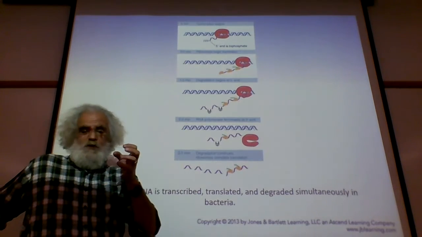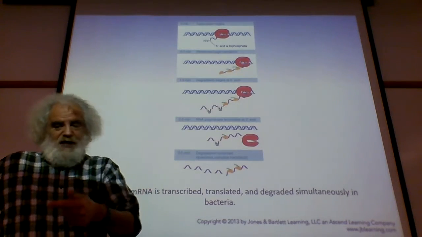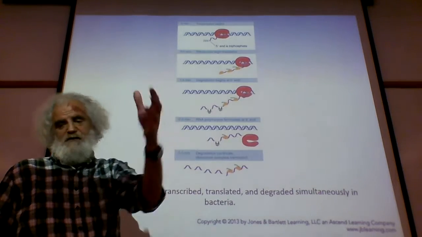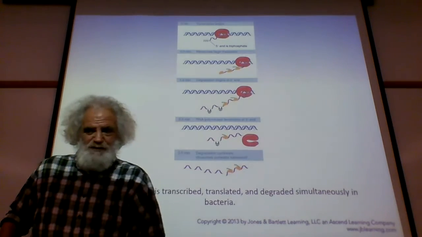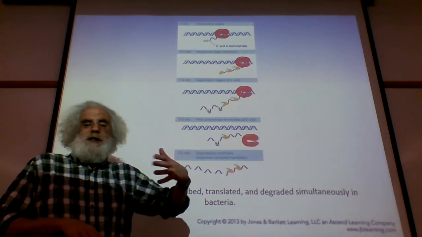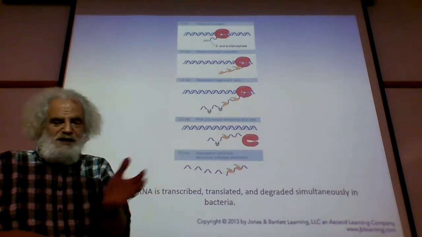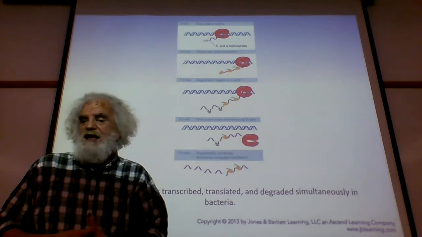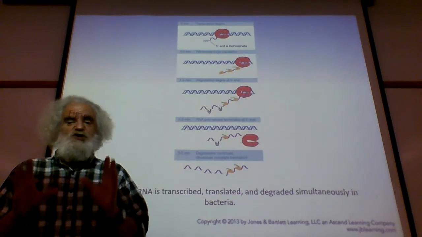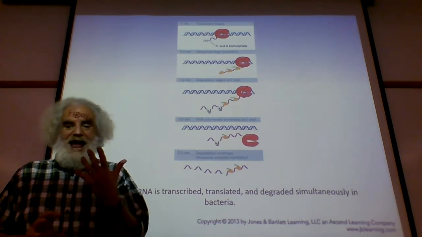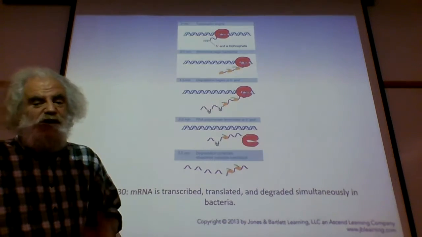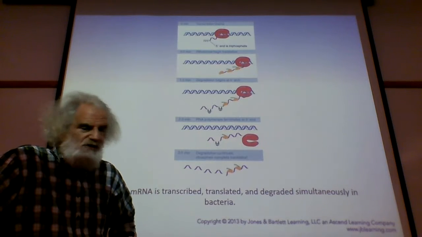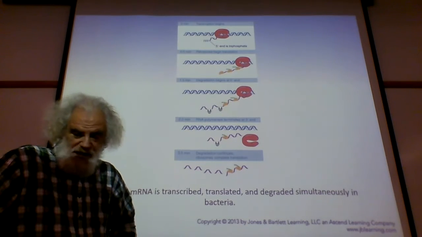And then we've got the protein coming out. The ribosomes hit the translation stop, and they can diffuse off, and the RNA polymerase hits its termination, and it stops. But as the RNA polymerase is making RNA, the 5' end is being chewed up. So RNA is notoriously unstable in bacteria. It doesn't have a very long half-life. And we'll see that in eukaryotes, the half-life of an RNA actually is a pretty cool developmental control mechanism.